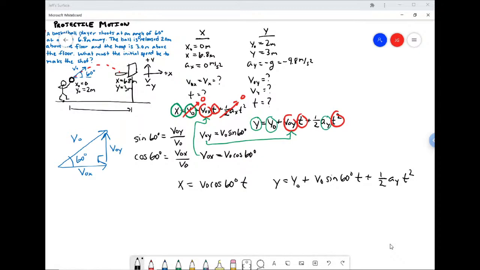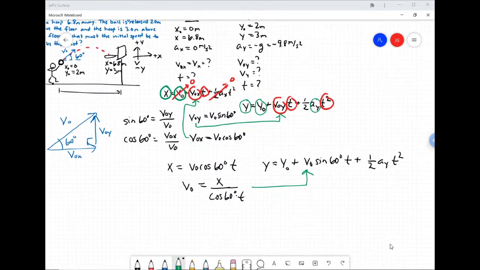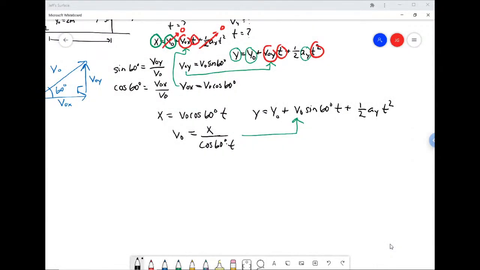And now let's solve for v naught over here, and then plug that in for v naught over here. And we'll get y equals y naught plus x, we write it like this, sine 60 degrees over cosine 60 degrees, t divided by t.